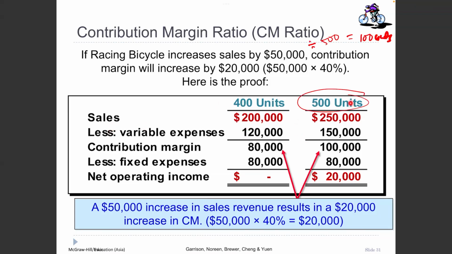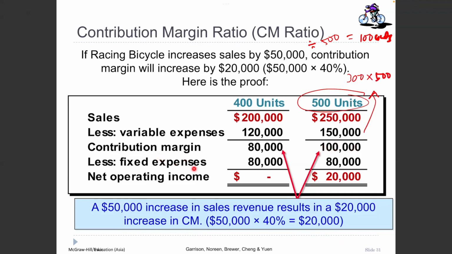Okay, so the variable expense is $300, multiplied by 500 units, so you get $150,000. So your contribution margin is 100,000, where sales 250 minus 150, therefore you get $100,000.